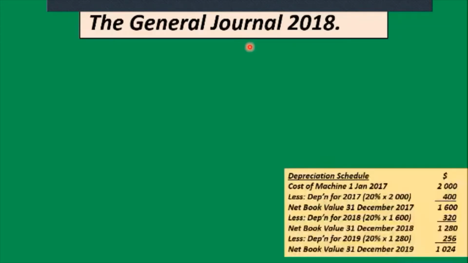So you have the general journal for 2018 here. And again, I bring this forward so you could see where the figures are coming from, what we just calculated. For 2018, the amount of depreciation we calculated is 320.